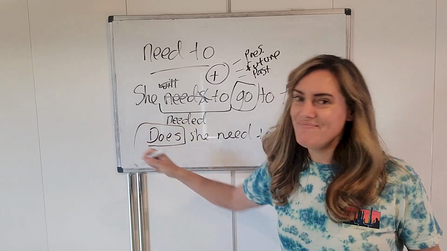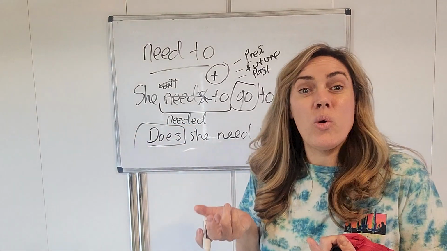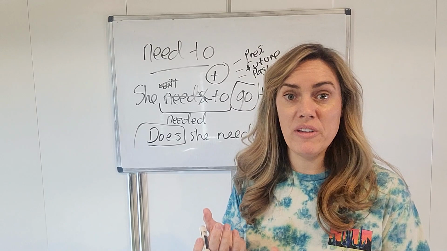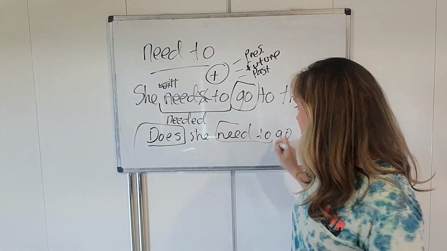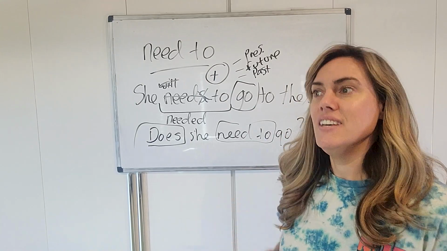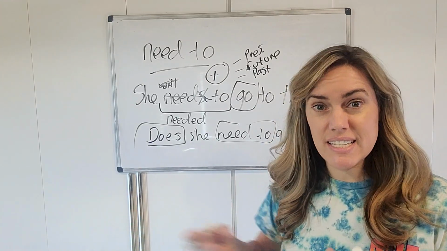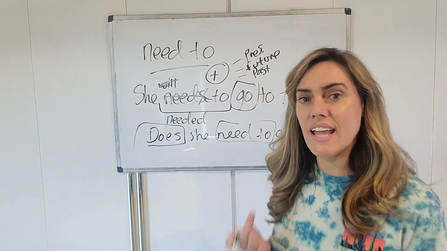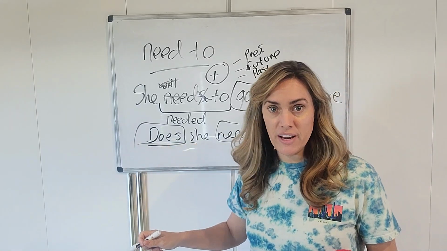Now notice it's requiring you to use a helping verb because need to is a phrasal modal, and sometimes you can't just put it at the beginning of a sentence like other modals. Instead, you have to add a helping verb here.